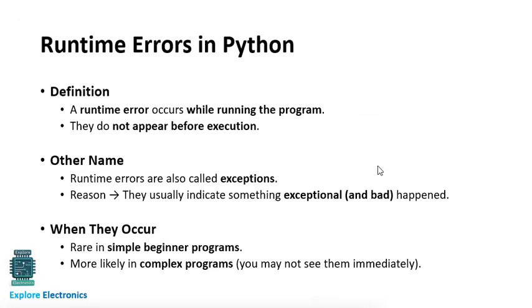If the program is very simple, then there is very little chance of runtime errors occurring, and they are more likely in complex programs. You may not see them immediately. In complex or big programs you can see them, but they do not occur immediately. While running the program only you can see those.